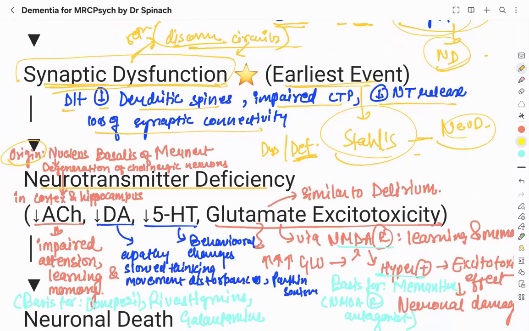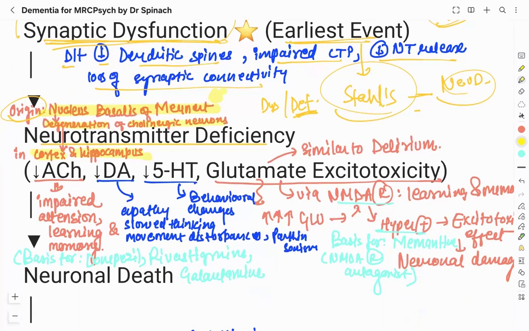Okay, so the origin is the nucleus basalis of Meynert, and there is degeneration of cholinergic neurons from this nucleus. The neurons projecting to the cortex and hippocampus degenerate, which leads to decreased production of acetylcholine. With decreased acetylcholine, there is impaired attention, learning, and memory.